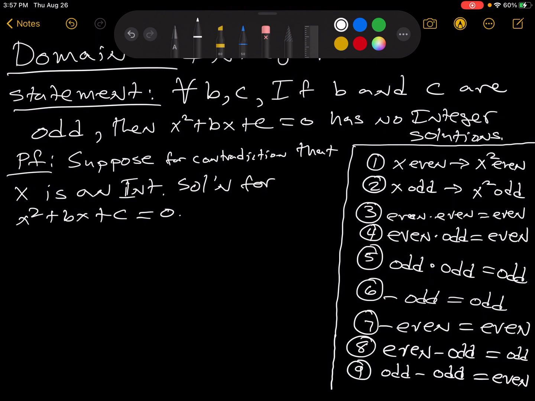All right, so x is either even or odd. x is even or odd, right? All integers are either even or odd. So this brings up two cases.